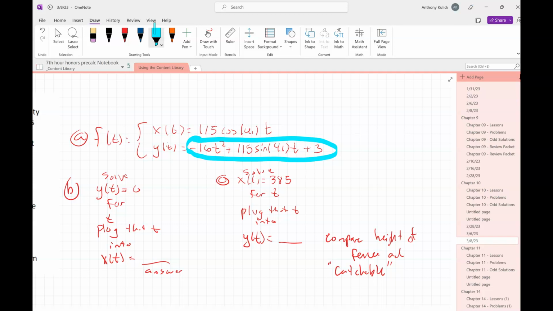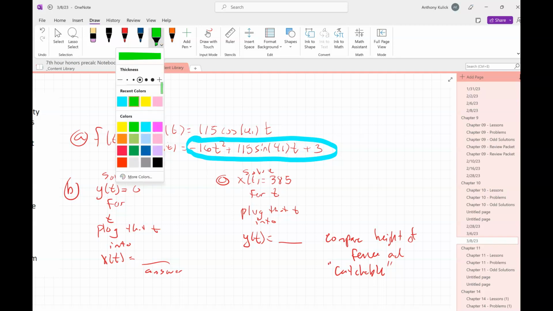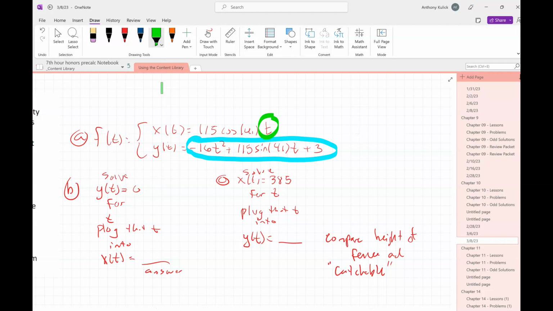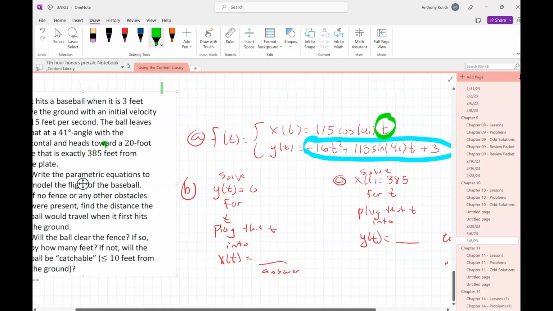So whatever that answer is, you're going to plug into the t in the x equation, and that'll give you the distance. We'd expect it to be somewhere in the neighborhood of 385 or whatever, right? I'd expect it to be past the fence, because even if it hits the fence, we're assuming there's no obstruction.